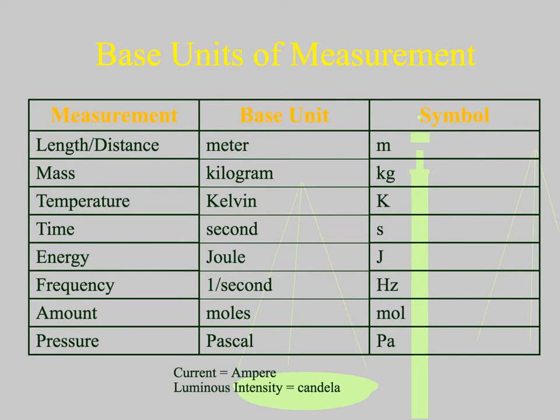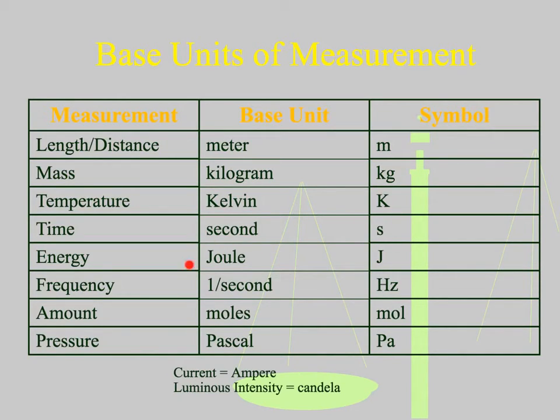Here are examples of base units of measurement that we will be using in science. Length is read in meters, which is m for the symbol. Mass is kilograms, which is kg. Temperature is in Kelvin, not degrees Celsius, not Fahrenheit, and its symbol is K. Time is in seconds, not minutes or hours, and its symbol is s.